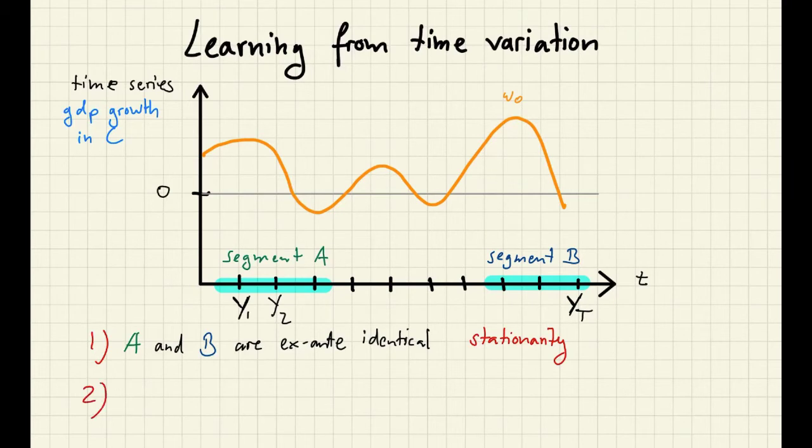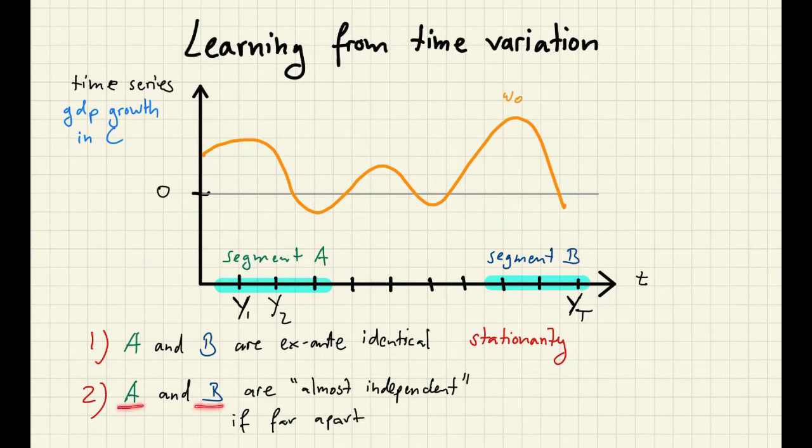Specifically, we assume that A and B are almost independent if they are far apart, that is, if the distance between them is large enough. This ensures that what happens in B is not determined by what happened here at A.